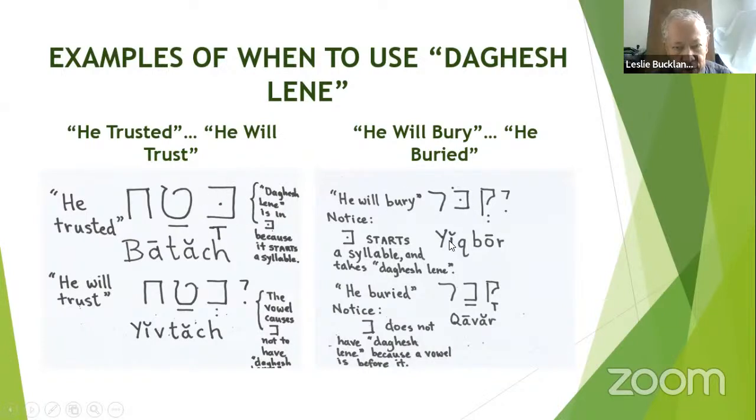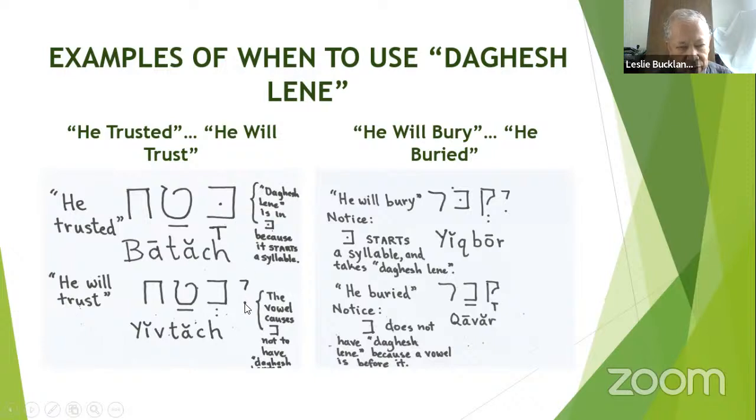Here again, you have Yik Bor, and you have Bor. This is the beginning of the last syllable. And so because it's the beginning of a syllable in the middle of a word, or the beginning of a syllable at the start of a word, it can take Dagesh Lene.